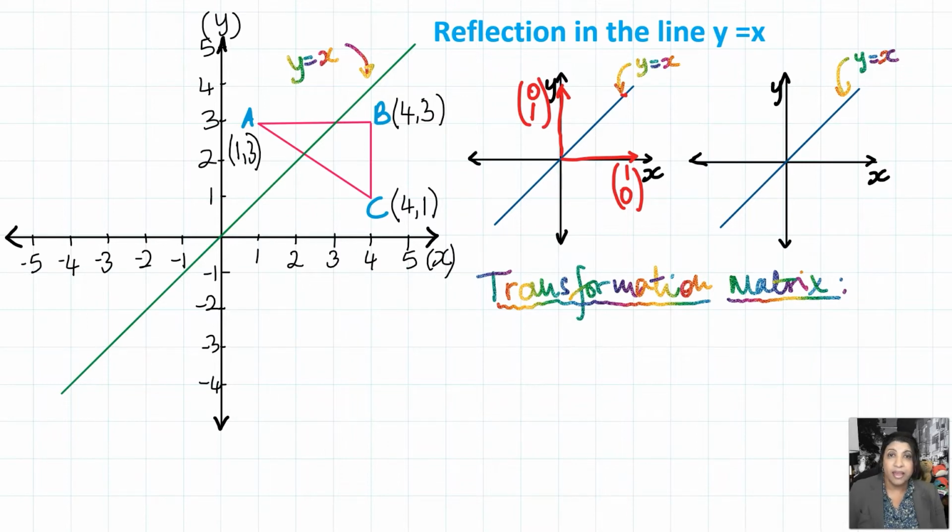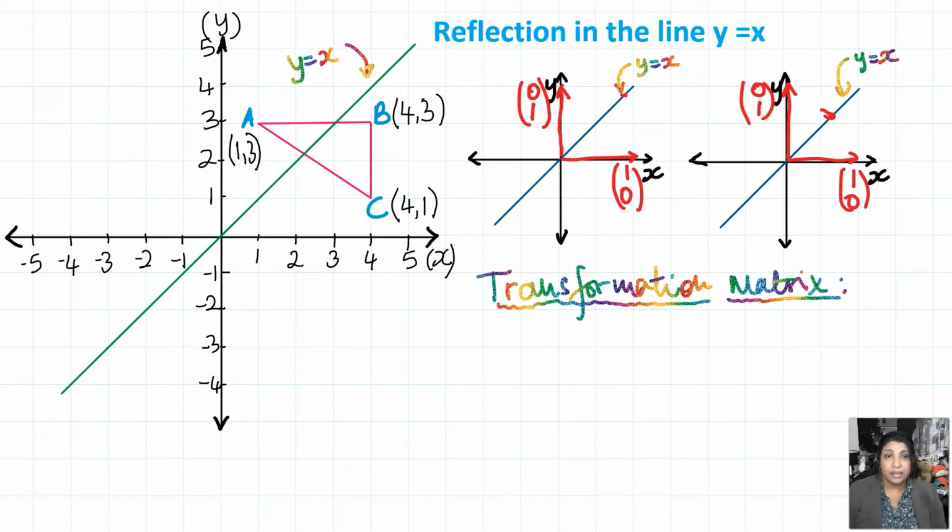Now, if I have my j vector, which is (0, 1), so that's going to be right here, and if I reflect that on this line y equals x, it's going to be located at this point here, which is (1, 0).